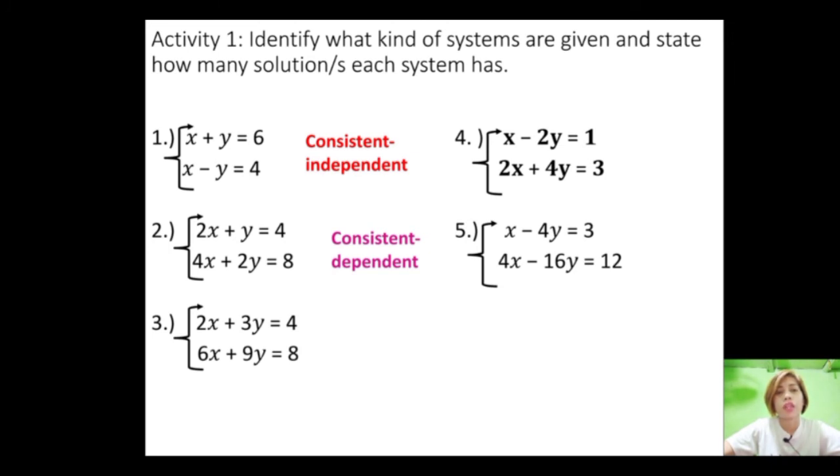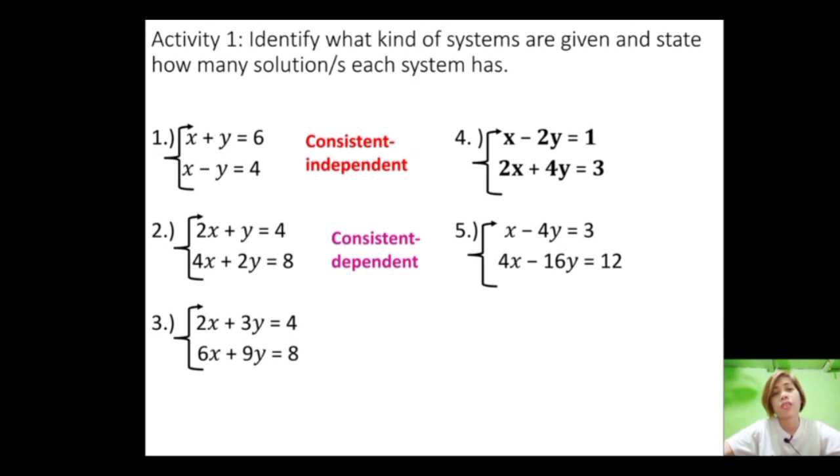So, let's try multiplying 2x plus 3y equals 4 by 3. So, 3 times 2x magiging 6x, 3 times 3y magiging 9y, and 3 times 4 magiging 12. So, yung first equation magiging 6x plus 9y equals 12.